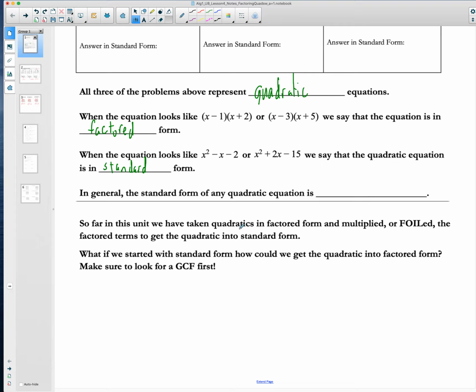And in general, the standard form of an equation is always y equals ax squared plus bx plus c.